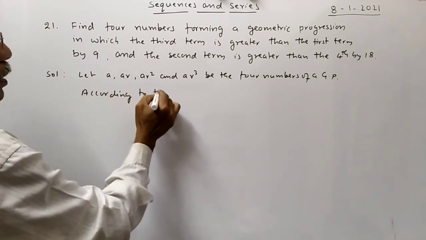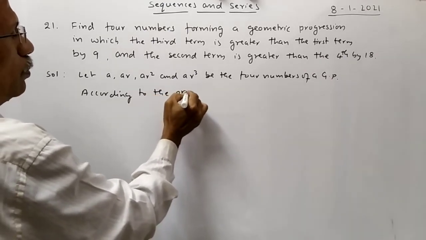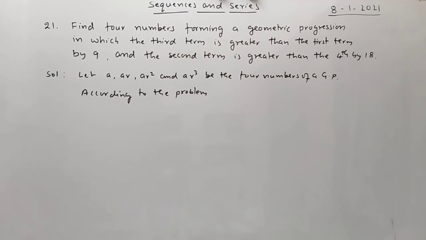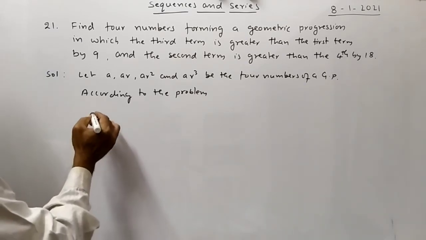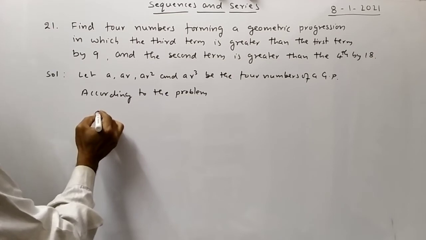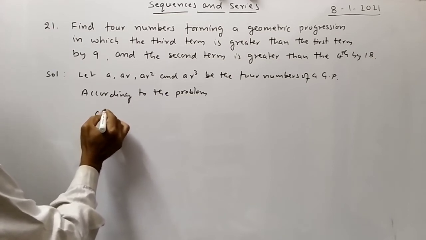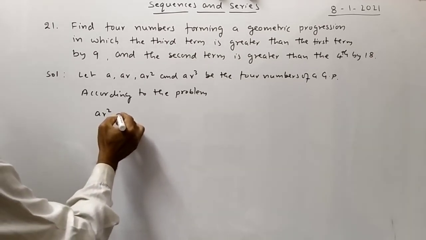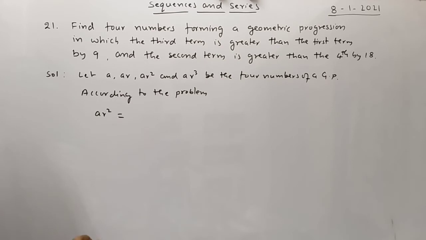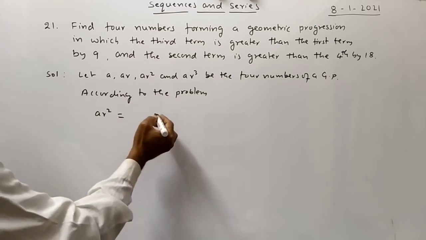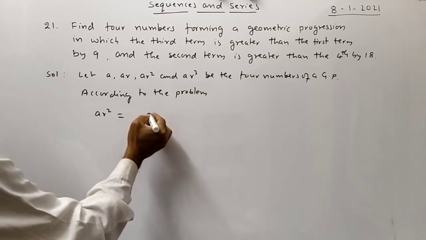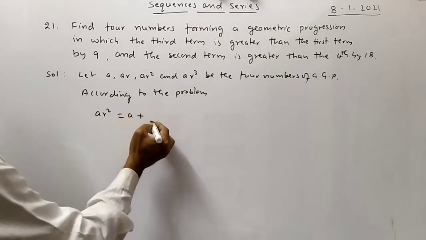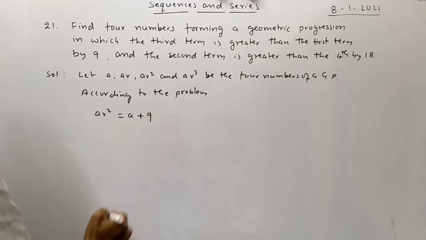According to the problem, third term, that is AR square, is greater than first term by 9.